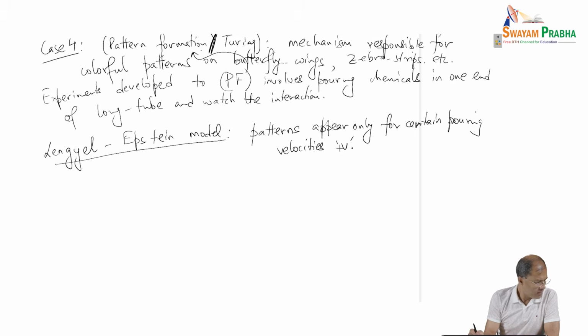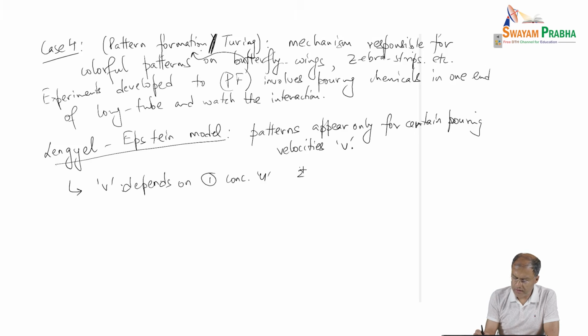It turns out that the velocity v depends first on the concentration of the chemicals u, and second, it also depends on the rate K2 at which the chemicals interact.